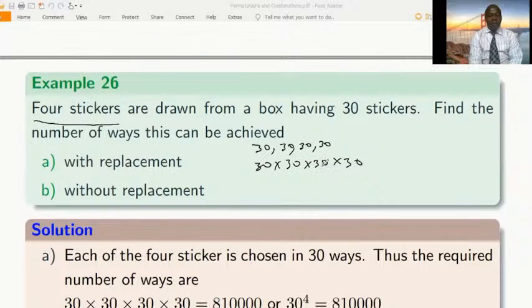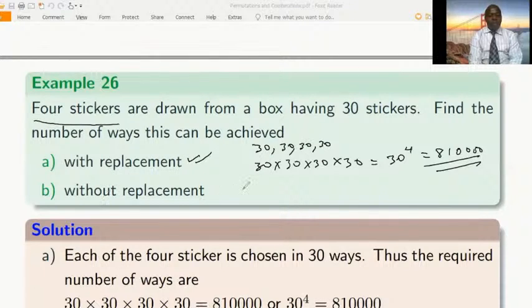The second time, there were 30 ways. The third time, again 30 ways. The fourth time, again 30 ways. So this will be the same as 30 raised to 4, which is 810000. So those are the number of ways that you can draw 4 stickers from 30 stickers with replacement.